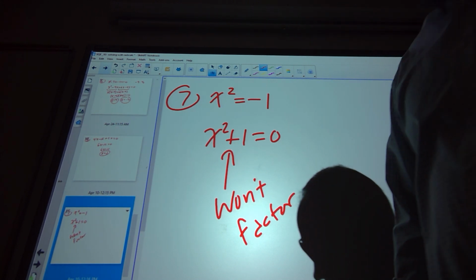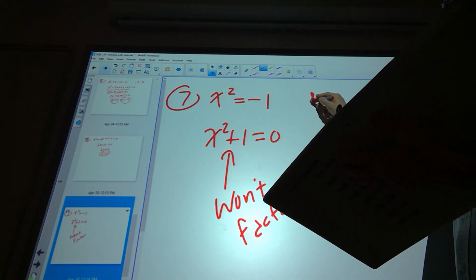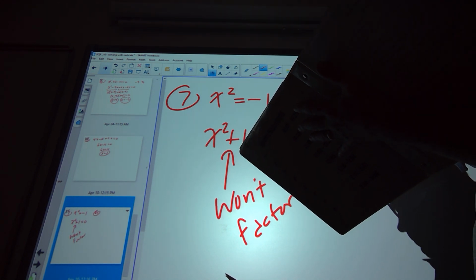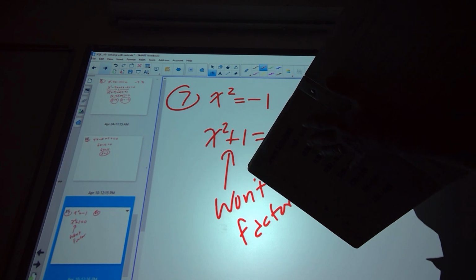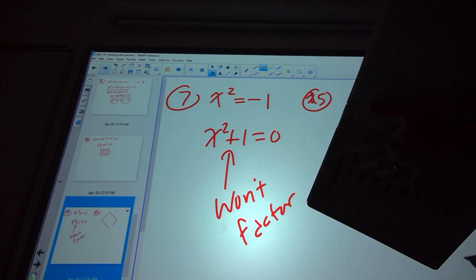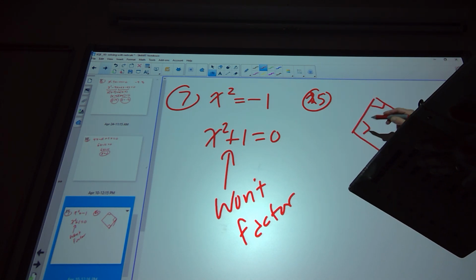Number 25? Okay, so they have this shape. Let's say it's this shape, if I could draw it. One of the sides is 90 degrees, so they all have to be.